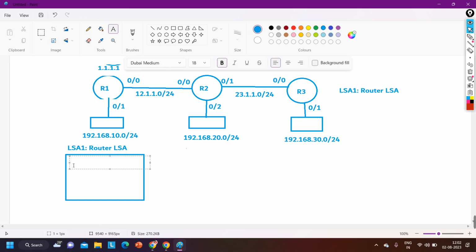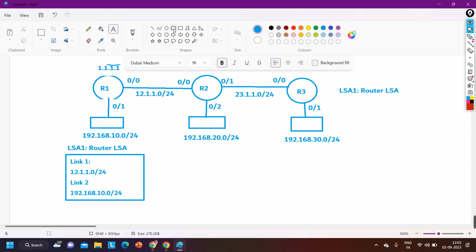I have one link, link number 1, and on this link the network running is 12.1.1.0/24. After that I have one more link, link 2, and on this link the network running is 192.168.10.0/24. Okay, this is the LSA1 of router 1.